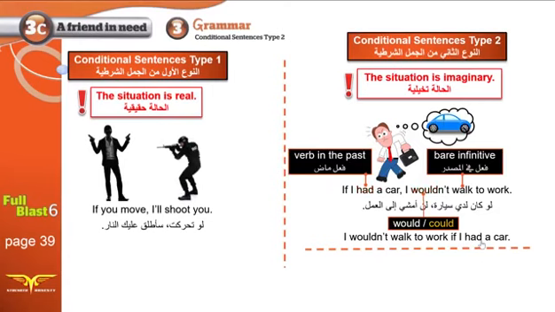The only difference is that when you begin with the if clause, you need a comma. Do you see this comma? This small thing right here? If you put if first, you will need it. If you don't put if first, you will not need it. You will remove it.